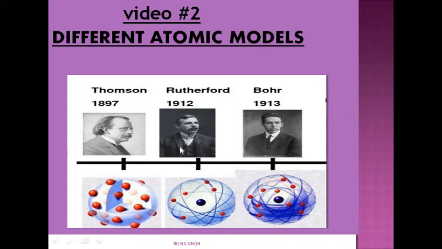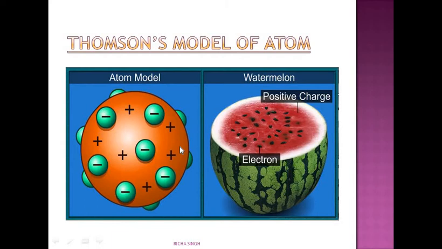The main efforts were of Sir J.J. Thomson, Rutherford and Bohr. J.J. Thomson was the first scientist to propose the model for the structure of atom. He compared the model of atom with that of a watermelon.